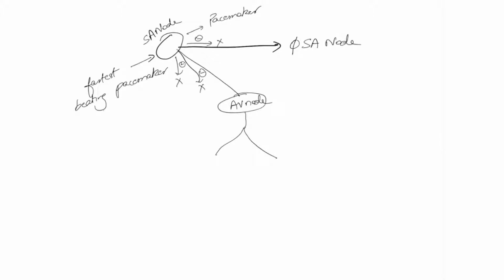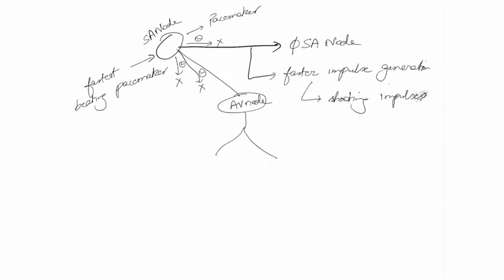Another reason could be that something else is faster in creating an impulse compared to the SA node, so you have a faster impulse generation. Now, the faster impulse generation could be for one of two reasons. The first one is that something happens and one of the foci is shooting impulses at a very fast rate.